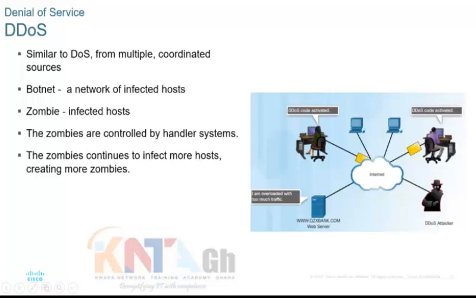So this server here is overloaded with too much traffic. Now the DDoS code is activated by this user, who is the attacker. And here, this attacker also has an activated DDoS code.